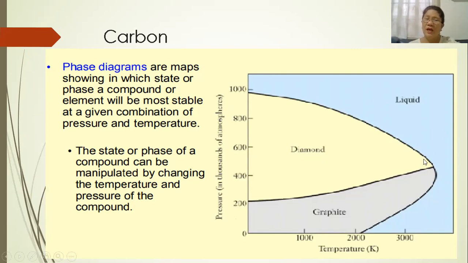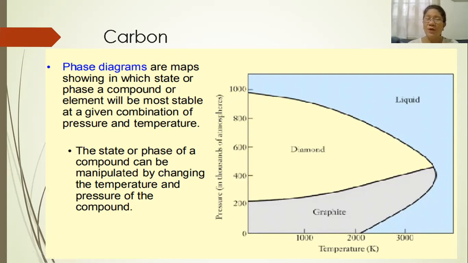That is almost 400 atmospheric pressure and 3,000 for the temperature. Here the temperature is still low, and a greater pressure is needed for graphite to change into diamond from this portion here.